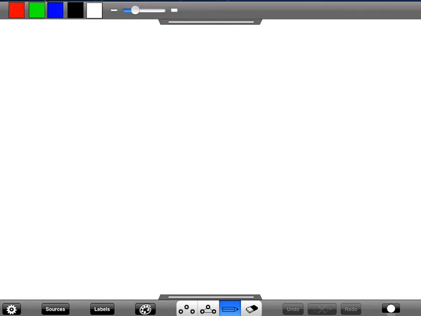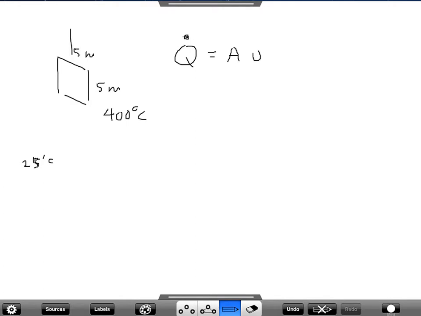So we'll go ahead and make another drawing. We've got this plate. We know that it's 5 meters by 5 meters, and it's suspended. The room is 25 degrees C. The plate itself is 400 degrees C. And we know that the equation that we have from the materials, Q dot is equal to A times sigma times epsilon times T to the fourth.